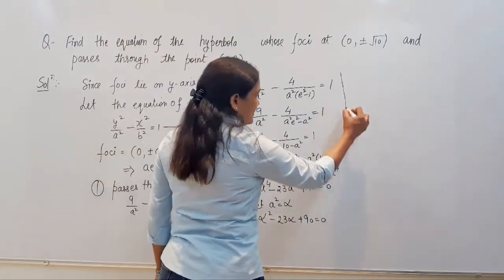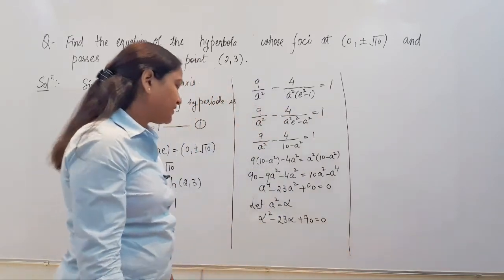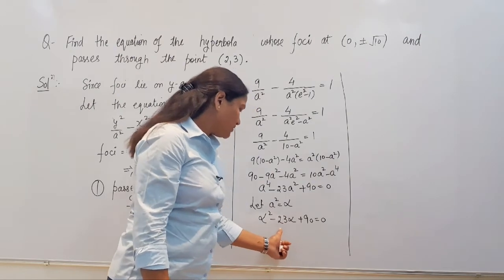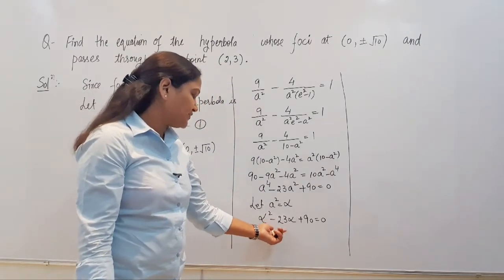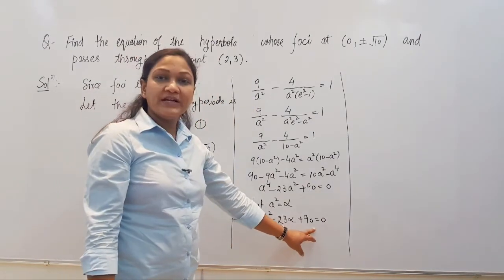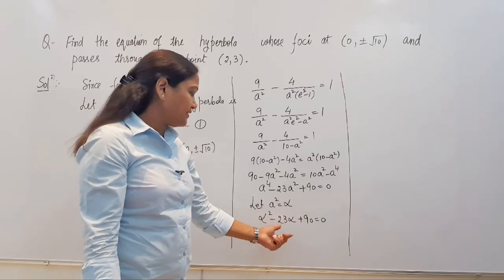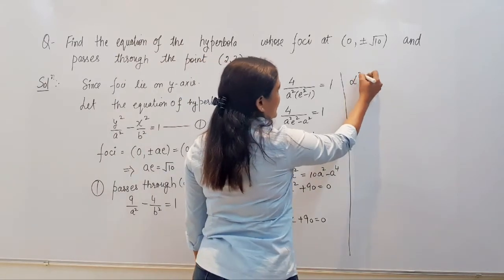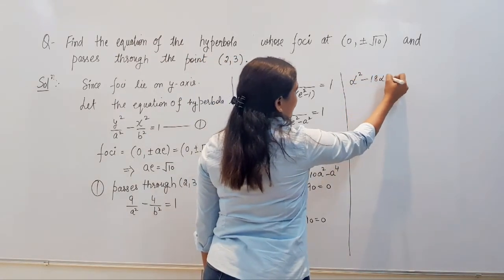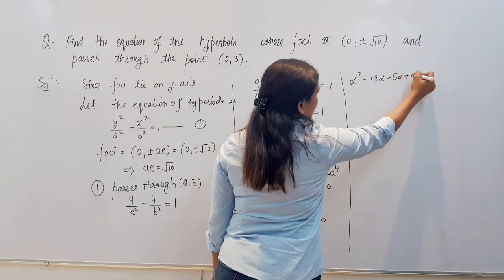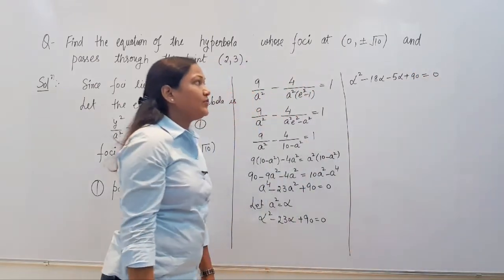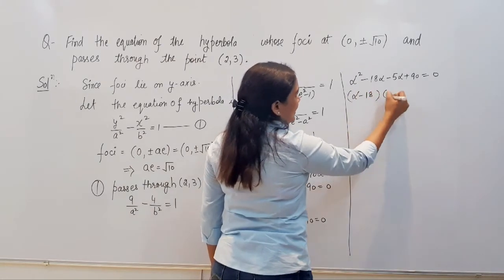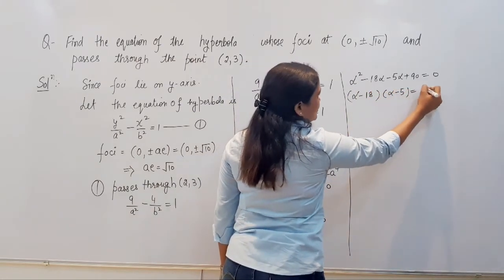अब अगर आप इसकी मिडल टर्म स्प्लिटिंग करते हैं तो 18 and 5 are the two factors, जिनको आप -18 एंड -5, जिनको आप मल्टीप्लाई करेंगे तो देन यू विल गेट 90 और ऐड करेंगे तो यू विल गेट -23. सो अल्फा स्क्वायर -18 अल्फा -5 अल्फा प्लस 90 इज इक्वल्स टू 0. सो (अल्फा -18)(अल्फा -5) is equal to 0.